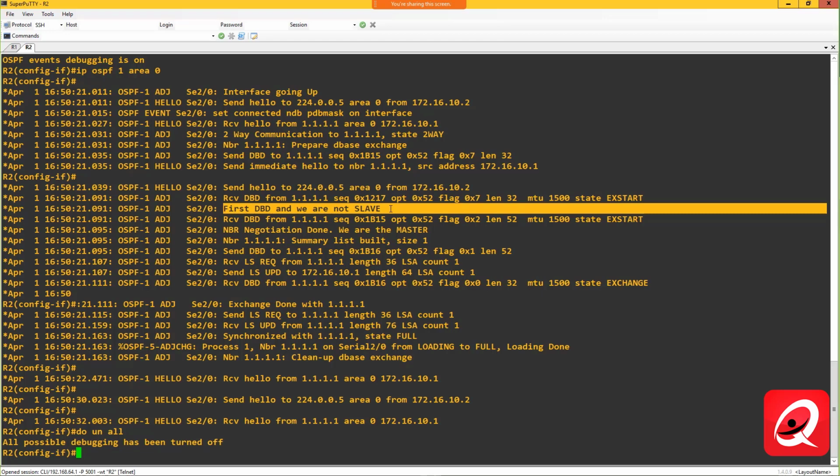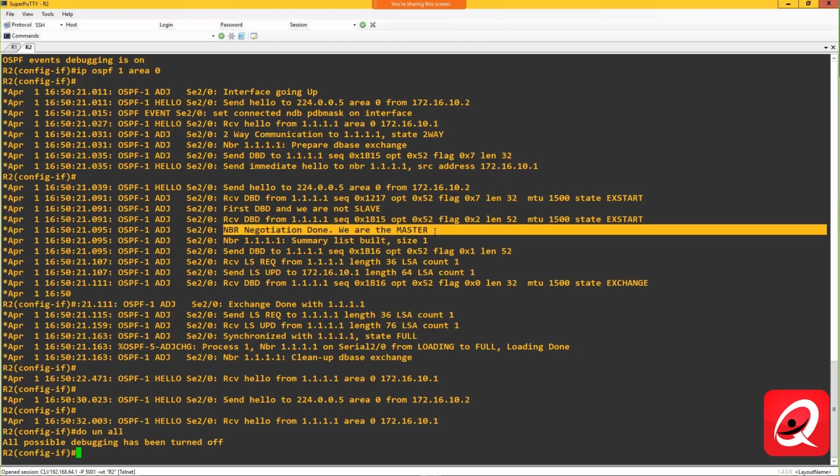Master-slave does not have anything to do with DR/BDR election. It's simply a way for us to identify who is going to do the database negotiation. We became the master in this case because we have a higher router ID. But again, this is not a DR/BDR election.